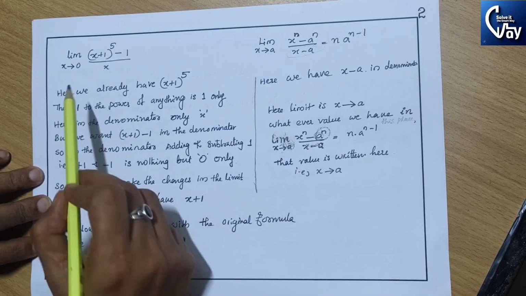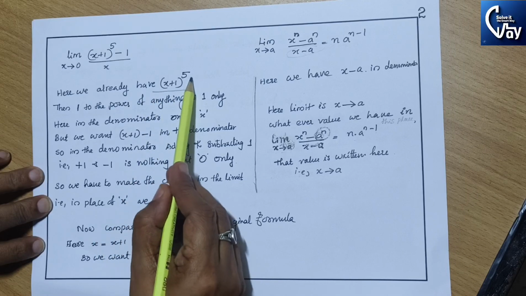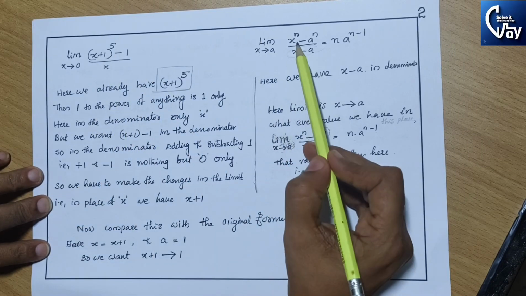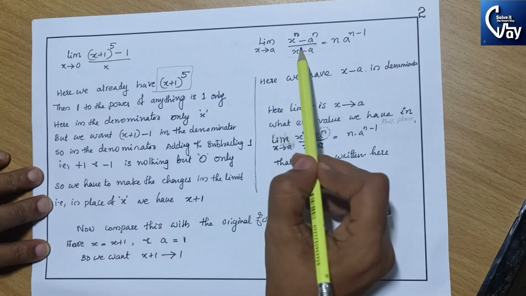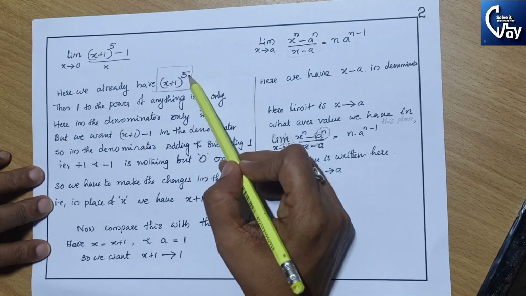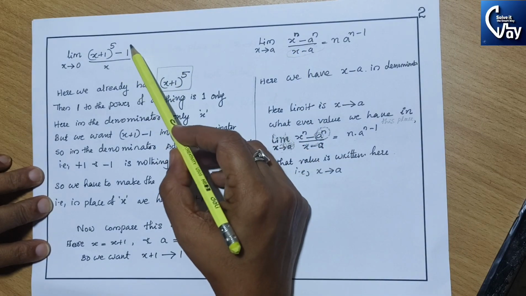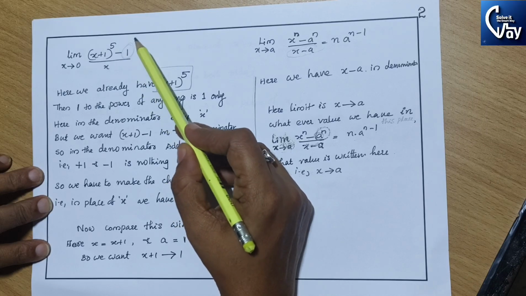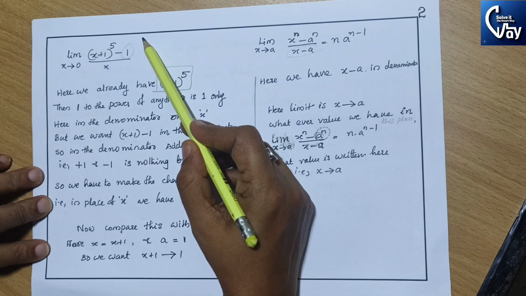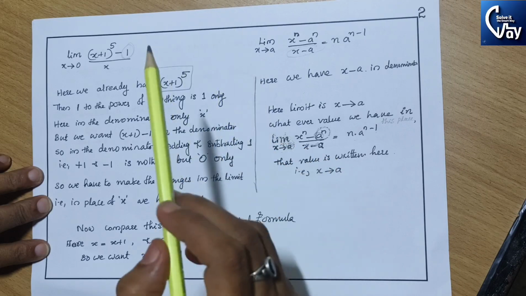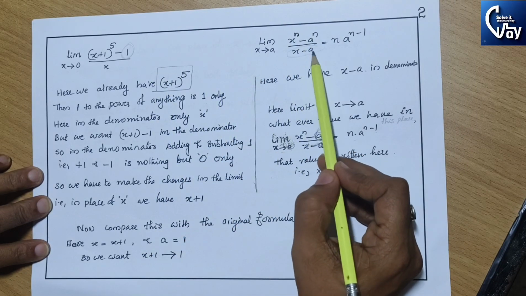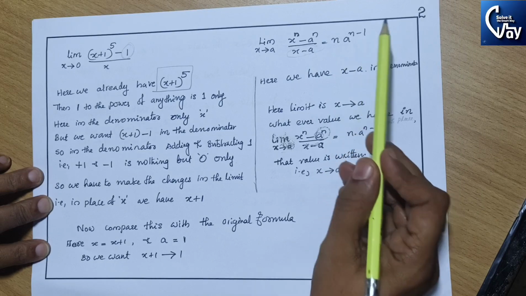Is it clear? In our question, we already have (x plus 1) whole raised to 5. But compare these two equations. Then (x plus 1) whole raised to 5 minus, we want 1 raised to 5 here also. Is it clear? x raised to n minus a raised to n divided by x minus a equals n a raised to n minus 1.